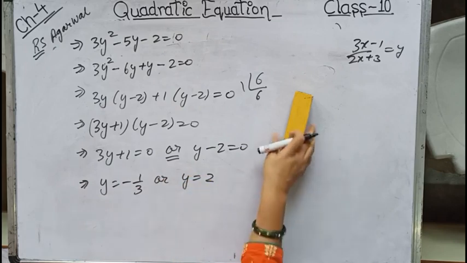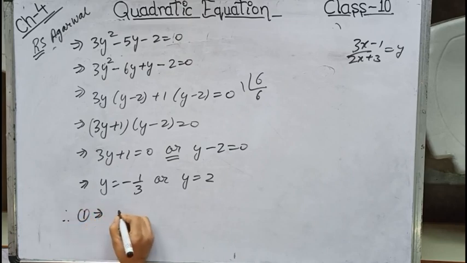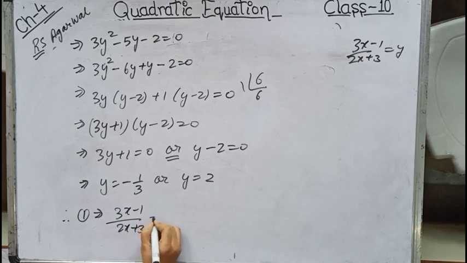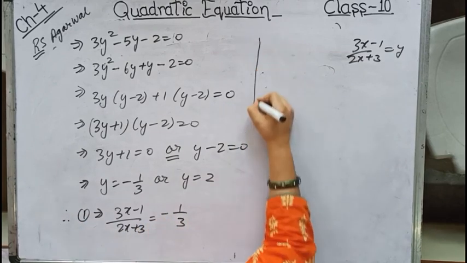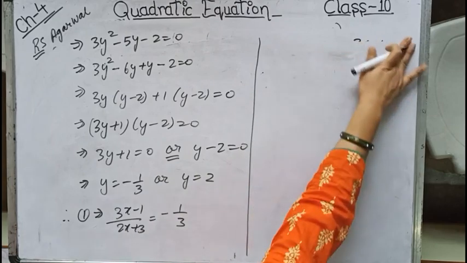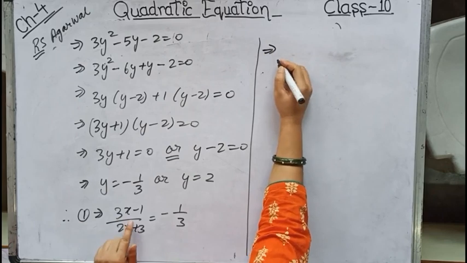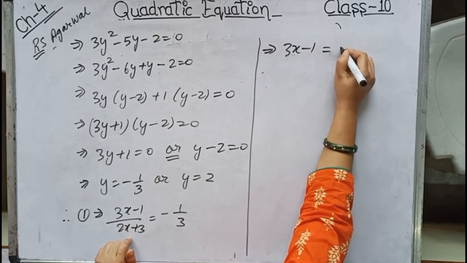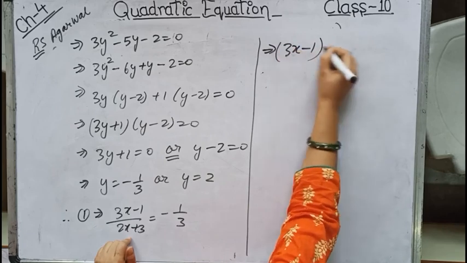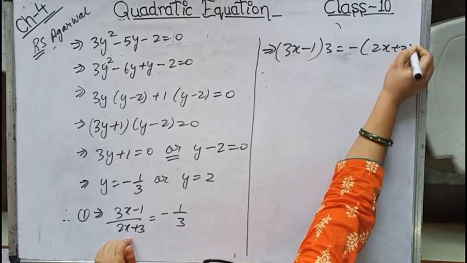Now we have to substitute in equation number 1. Therefore 1 implies (3x minus 1) by (2x plus 3) equals minus 1 by 3. This implies, let us cross multiply, (3x minus 1) into 3 equals minus (2x plus 3).